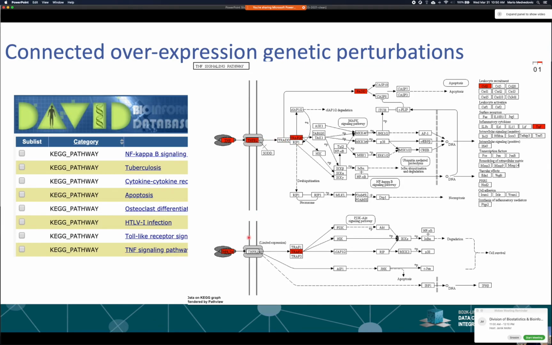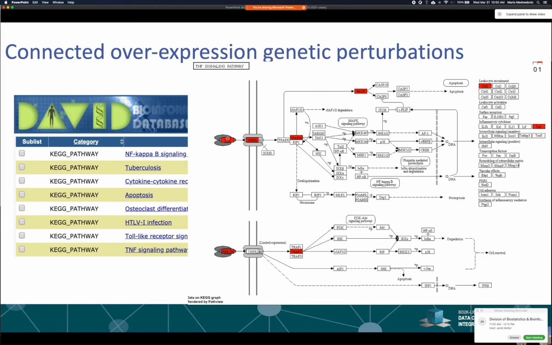That showed up as significant here, and there seems to be a similar type of output, but it's really fundamentally different, because in the previous one we looked at the consequence of this treatment. Here we are looking at alternative perturbations that lead to the same type of biology, the same type of transcriptional signature.